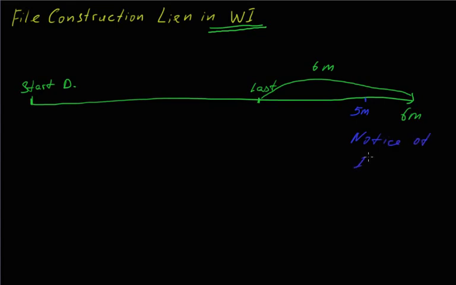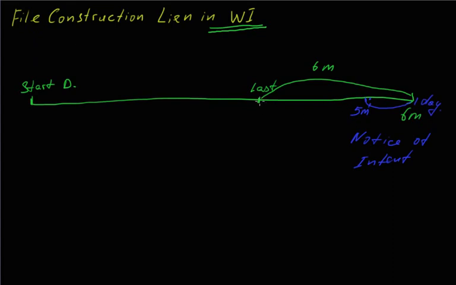And again, if you miss this deadline by at least 1 day, so if it's 5 months and 1 day, you lose your lien rights. So it has to be 30 days before 6 months. Also, if you miss your deadline here by 1 day, so 6 months and 1 day, you also lose your lien rights.